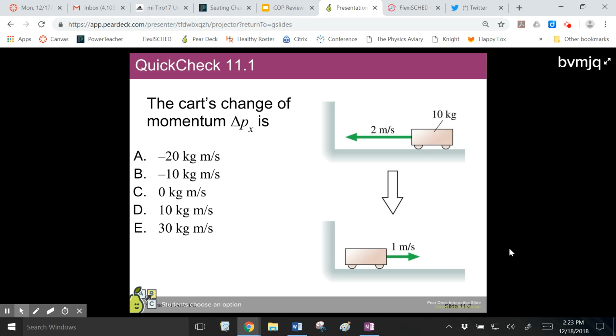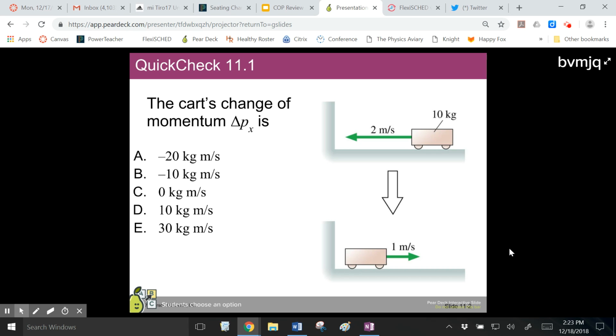If you get its momentum, that's mass times velocity, you get 10 times 2, that's negative 20 Newton seconds. The second picture is moving the opposite direction, so positive 1 meter per second times the same 10 kilograms, or 10 Newton seconds. And the difference between negative 20 and 10 is positive 30. Be mindful of that if you haven't done the tennis ball problem on the Mastering yet.